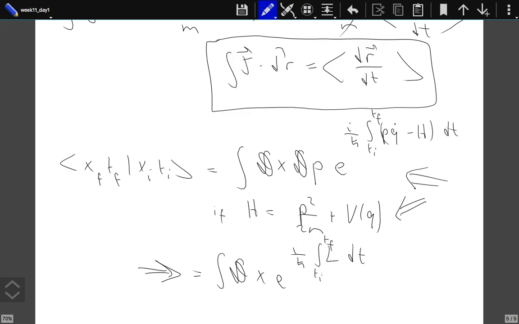It's just some alternative technique to solving the differential equation. And for certain problems, it will be easier to use the path integral formalism. For certain other problems, it will be easier to directly solve the Schrodinger equation.